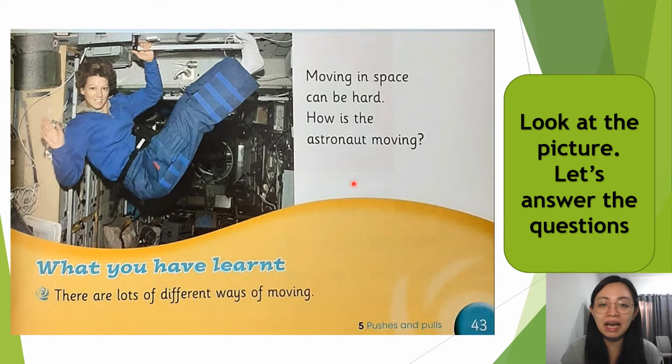The astronaut is floating, or maybe flying. Float and fly are also movements. The astronaut in outer space floats because there is no gravity, or much less gravity compared to the Earth.